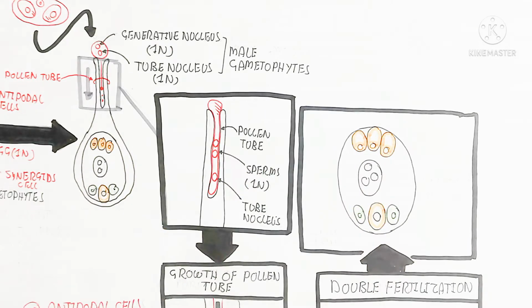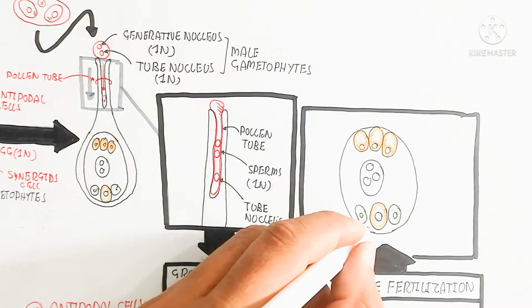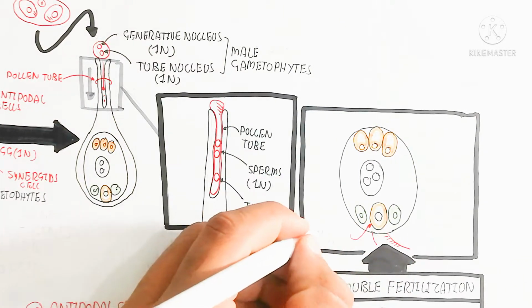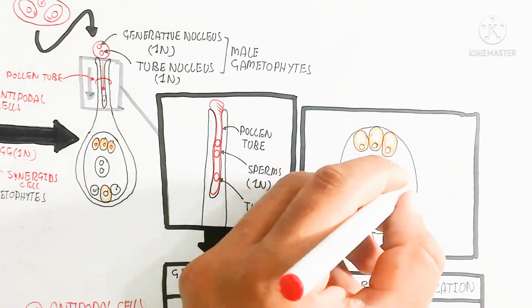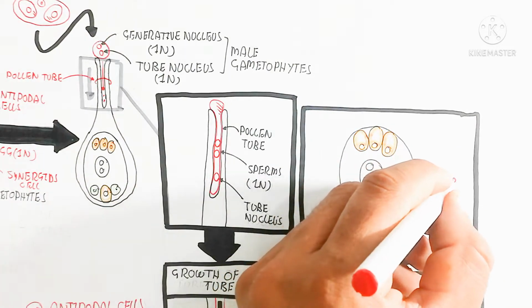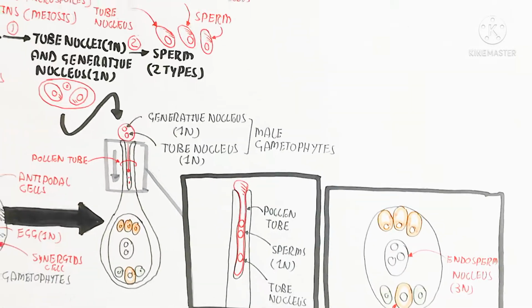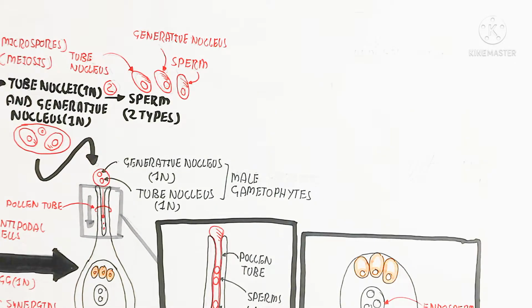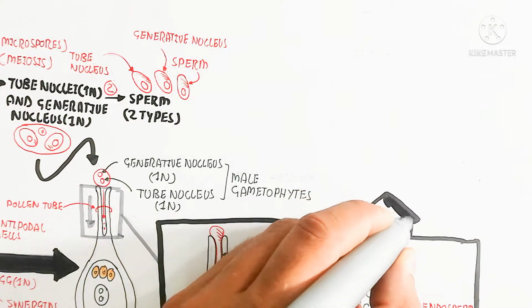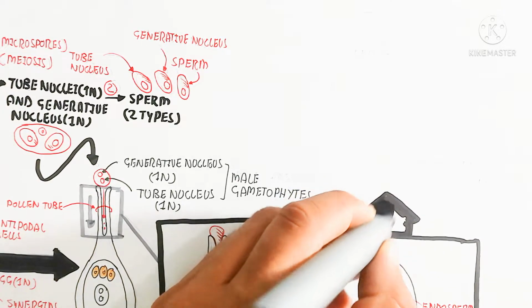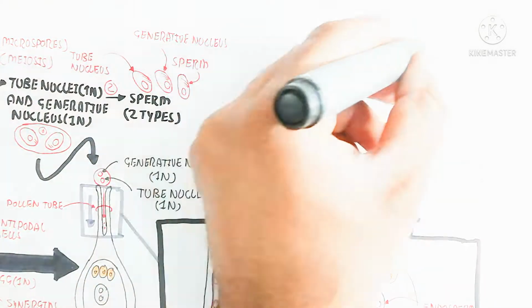So this triploid is the endosperm formation. Endosperm means the inside of the seed. It is known as the endosperm tissue, which is used for the nourishment of the embryo. So remember, the embryo comes from the zygote, while the endosperm tissue comes from the endosperm nucleus.